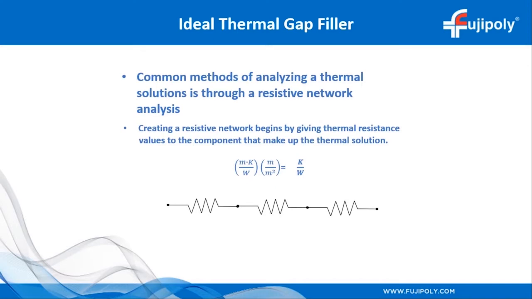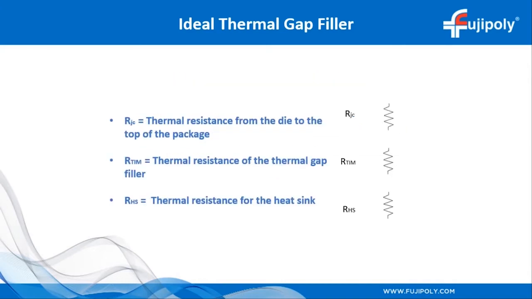Next, we're going to look at how to use a resistive network to come up with a thermal solution. The resistive network begins by giving thermal resistance values to the components of the total resistance. Another way to perform the analysis is to determine the required thermal resistance to meet your targets based on power and target temperatures.